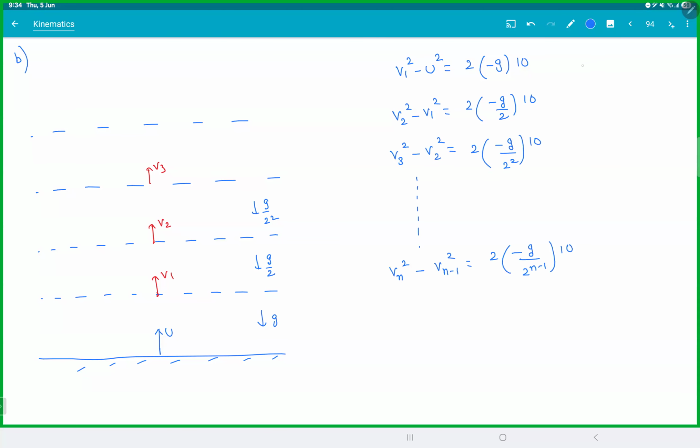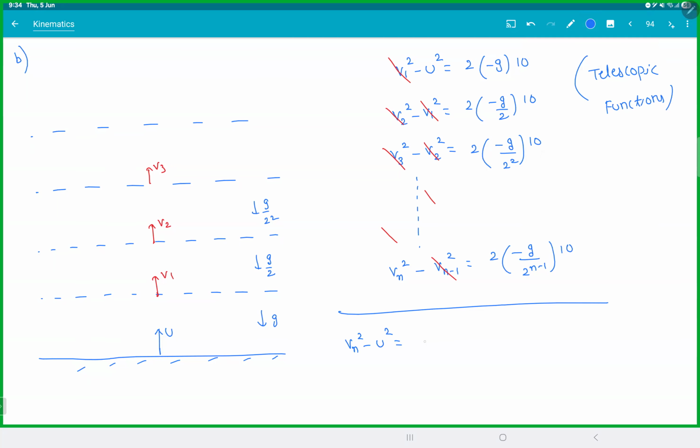These kinds of functions are called telescopic functions, if you have studied in maths somewhere. And the best thing about these functions is, if you add all of them, what do you get? You will notice v1 goes off, v2 goes off, v3 goes off. You're left with vn square minus u square.